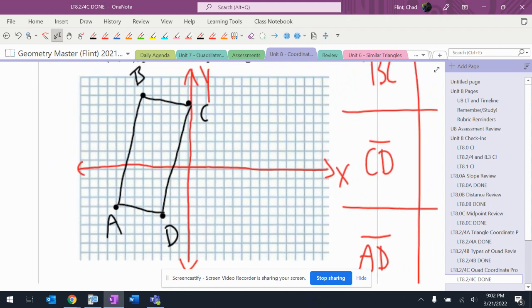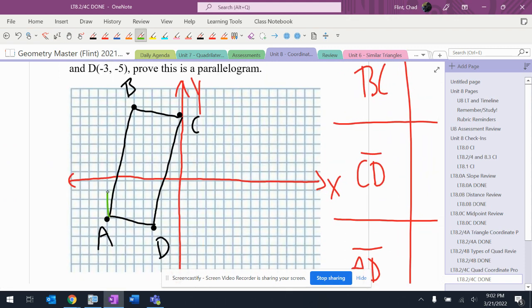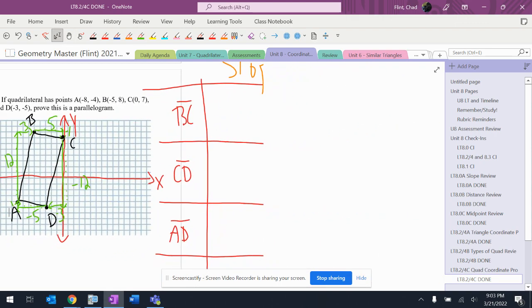Okay, let's zoom back in and get our rises and runs drawn in here. So there's all my rises and runs.